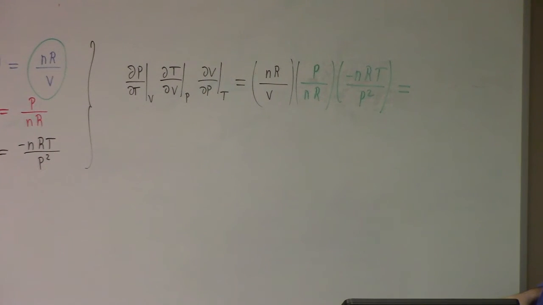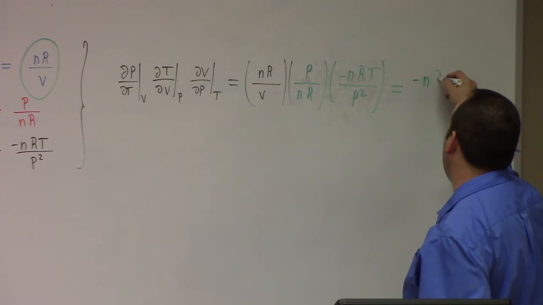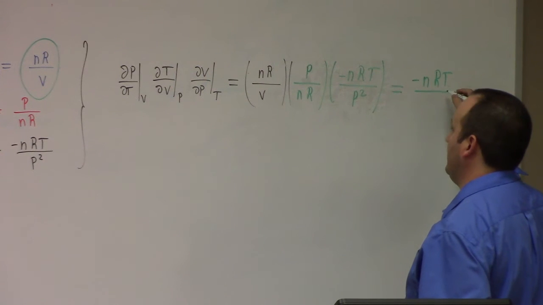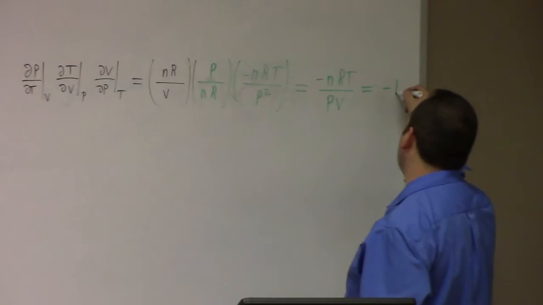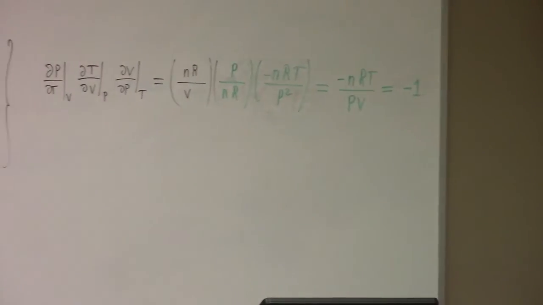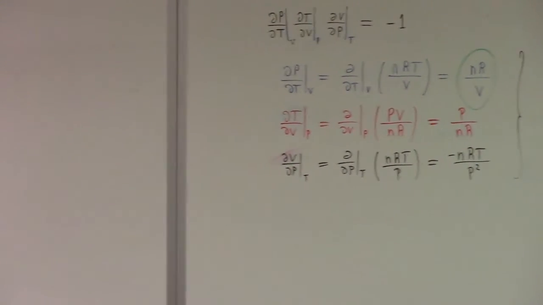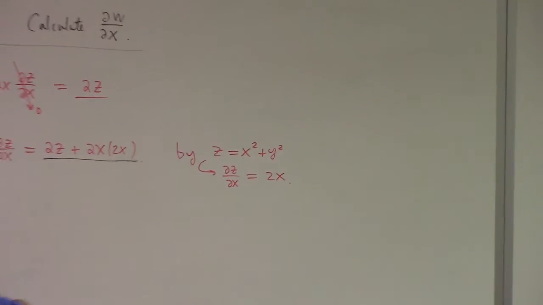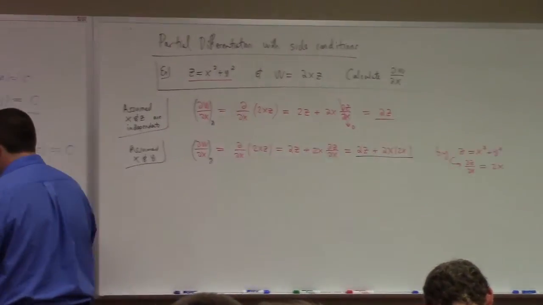Now what do we got? The nRs cancel, right? And you got minus nRT divided by PV. All right, I like that. That's minus 1. You guys with me?